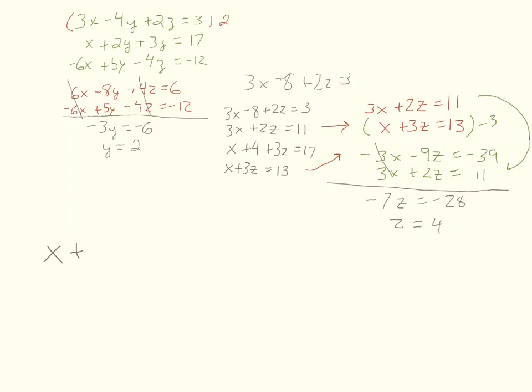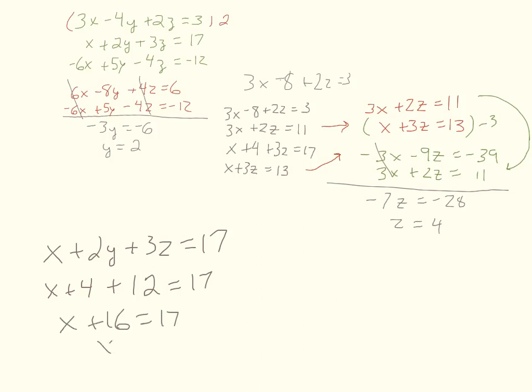So if we have x plus 2y plus 3z equals 17, then I know my y is 2, so x plus 4 plus, I know my z is 4, 3 times 4 is 12, equals 17. X plus 16 is 17, so we see that x is equal to 1. So the solution using the elimination method is x, y, z is 1, 2, 4.